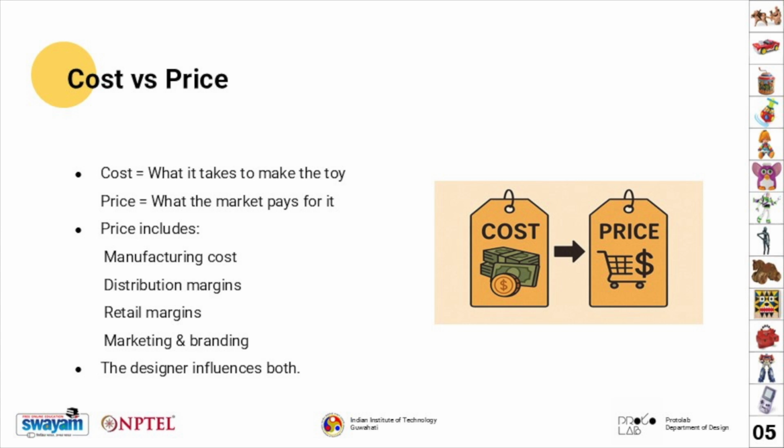Distributors take a margin, retailers take a margin, marketing adds cost, logistics adds cost. For example, if a toy sells for rupees 1000 in a store, the manufacturer may receive only 400 to 500. That means your design must be viable within that lower number, not the final MRP.